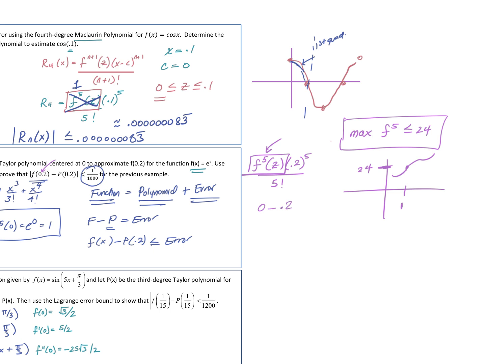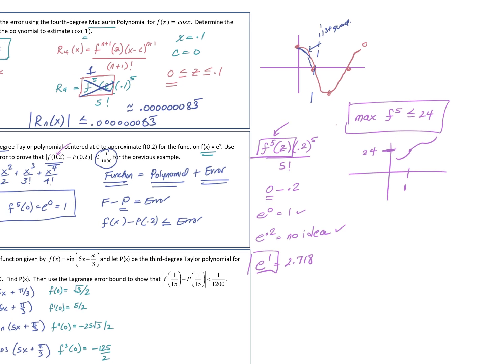The only problem here is I can definitely do e to the 0. E to the 0 is 1. I cannot do e to the 0.2 without a calculator. I have no idea what that is. But I do know it's going to be bigger. This has to be bigger than this, right? Because it's exponential. So I'm going to say e to the first is 2.718. So I'm going to use e as my max, that maximum value that we talked about.